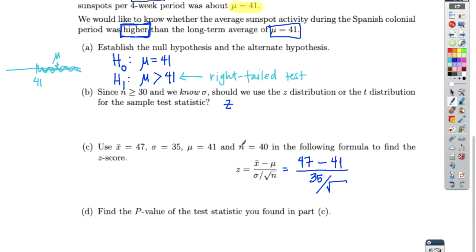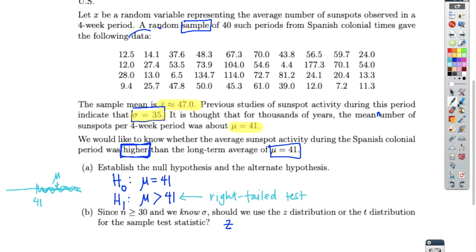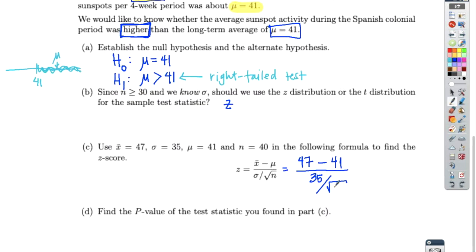Remember back up in the problem, they said a random sample of 40 such periods. So n, our sample size, is 40. Okay, so we'll plug that into the calculator, round to 2 decimal places because this is a z-score, and then we're going to go to our table after that.